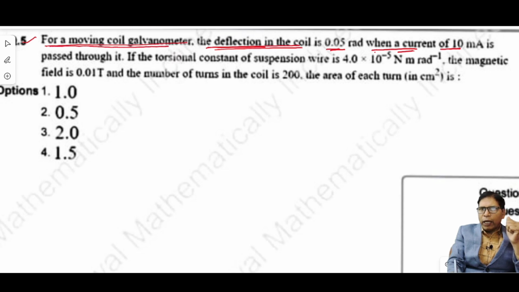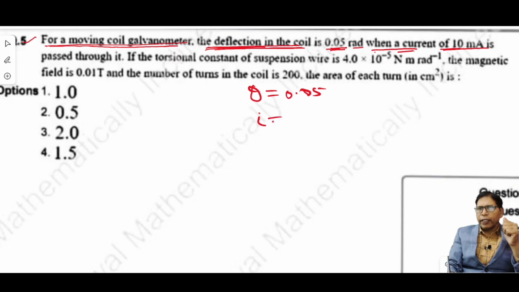For a moving coil galvanometer, the deflection in the coil is 0.05 radian, that is theta equals 0.05. When a current of 10 milliampere is passed through it, current I equals 10 into 10 to the power minus 3 ampere.